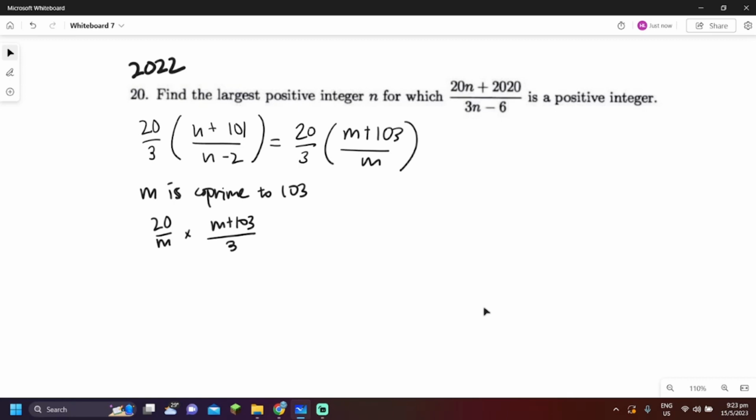Looking at the fraction on the left, the largest m where 20 over m is an integer is m equals 20. And miraculously, it works on the right side because 123 over 3 is 41. So you set m equals 20, and we have n equals m plus 2 equals 22.